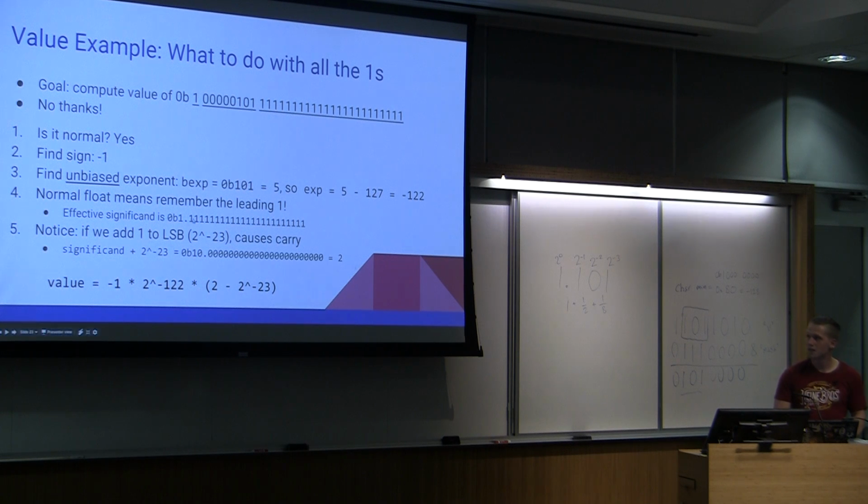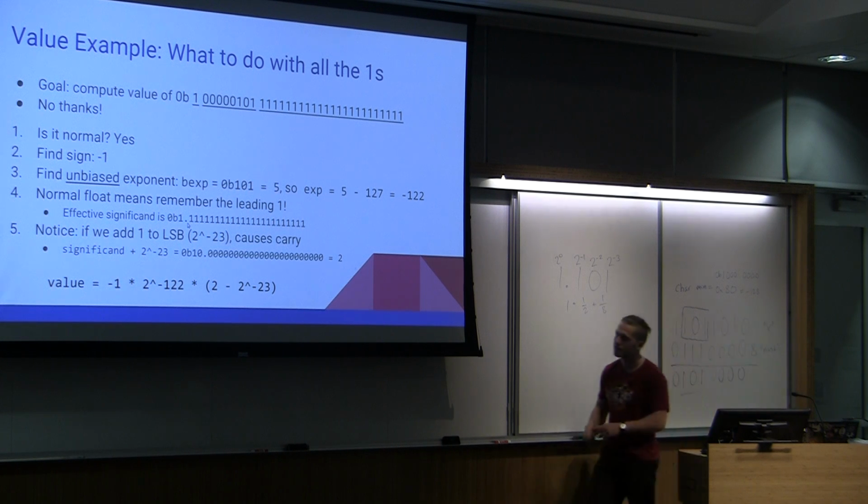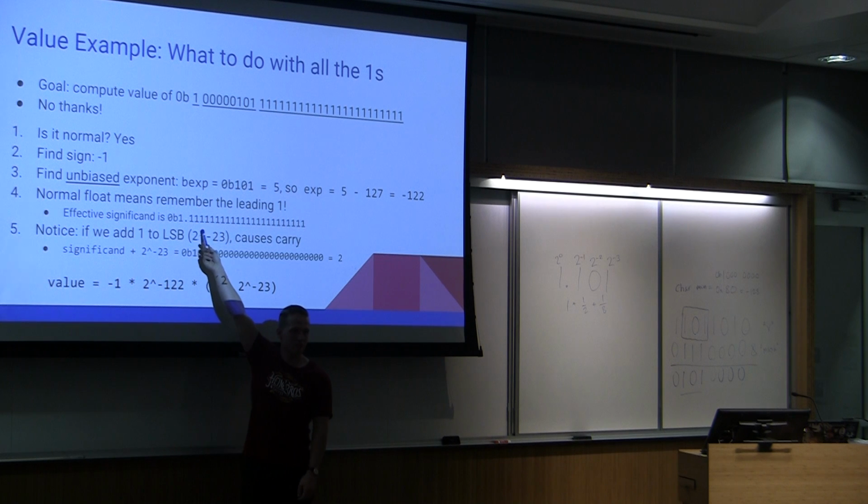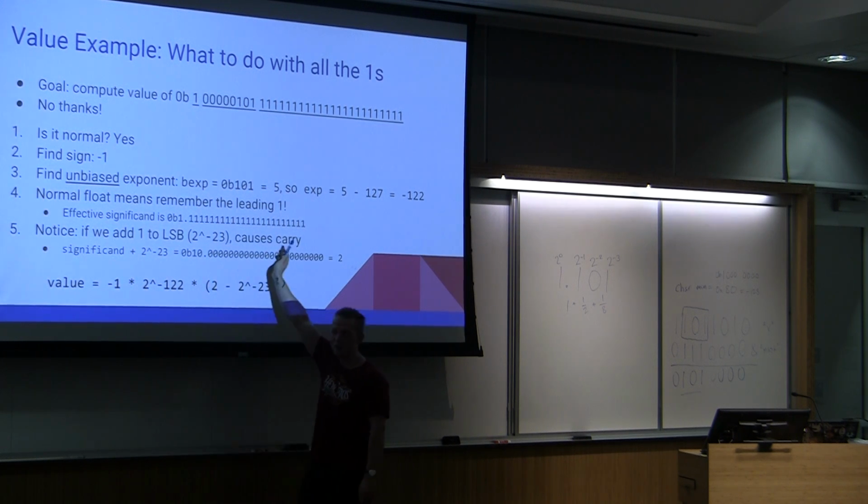So my significand here is basically the bits that I found with a leading 1 point. The trick here is, if I just said this significand is worth 2 to the 0 plus 2 to the negative 1 plus 2 to the negative 2 plus 2 to the negative 3, I'd be writing for a long time.